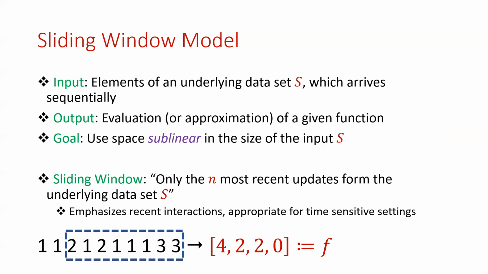And for example, in this stream, only the 8 most recent updates will induce the frequency vector, which is now 4, 2, 2, 0, because only 4 instances of 1 appear in the last 8 updates. So it's clear that the sliding window model emphasizes recent interactions, and thus it's more appropriate for time-sensitive settings.